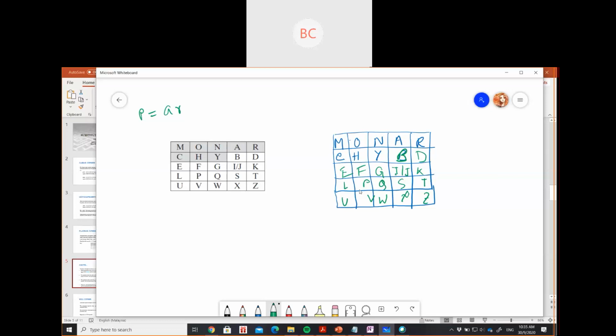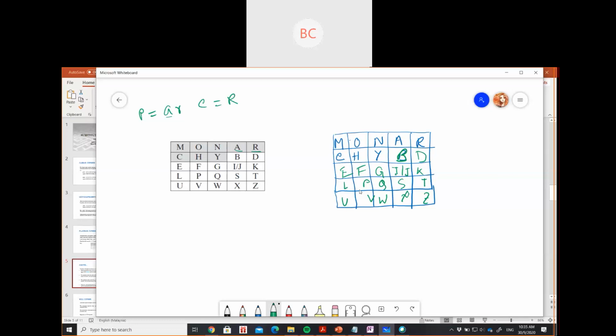So what's the first rule? You need to replace the letter with the letter next to it. What will be the cipher? Next to A is R, so A will be replaced with R. Now see, R is your last item, in the last column.